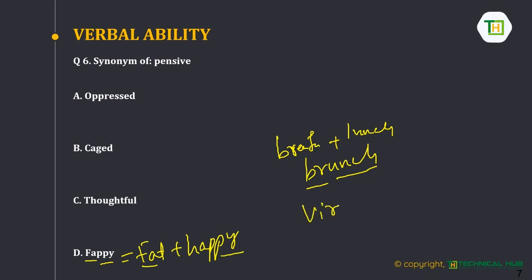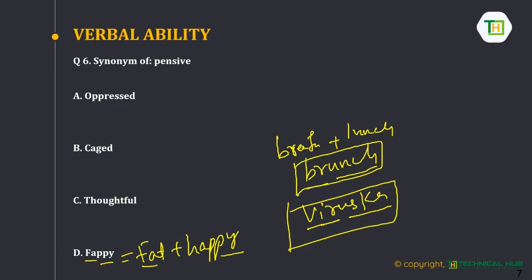We are saying Virushka. That means Virat Kohli plus Anushka. VIR is Virat Kohli. Remaining is Anushka. So first words, first few letters, and second words, last few letters, together we get a new word. Okay. The same way this Fappy also they formed like that.